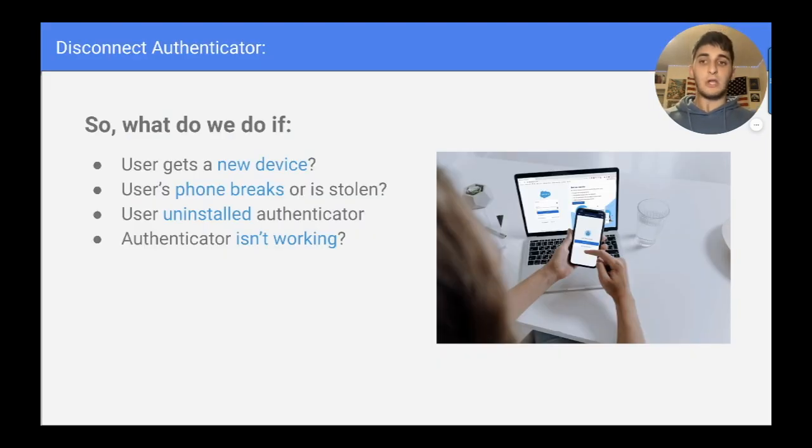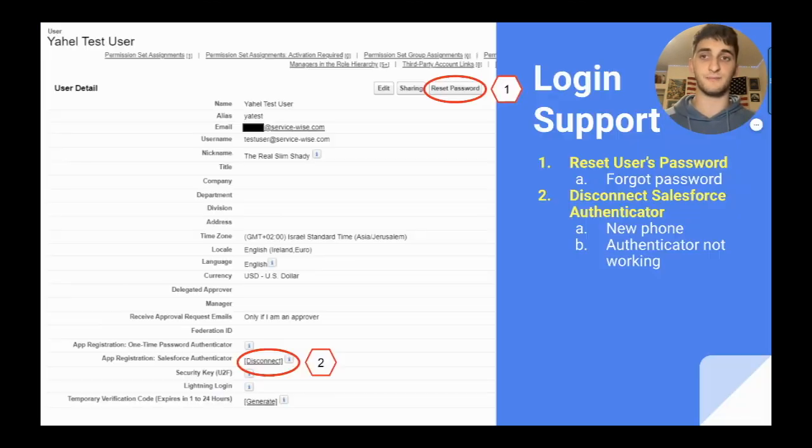Now, what do you do if a user gets a new device, or their phone breaks or is stolen, or if they uninstall the Authenticator, or for whatever reason Authenticator isn't working and they're not able to get in? Well, in these situations, we would disconnect the Salesforce Authenticator app for this user. So how does that work?